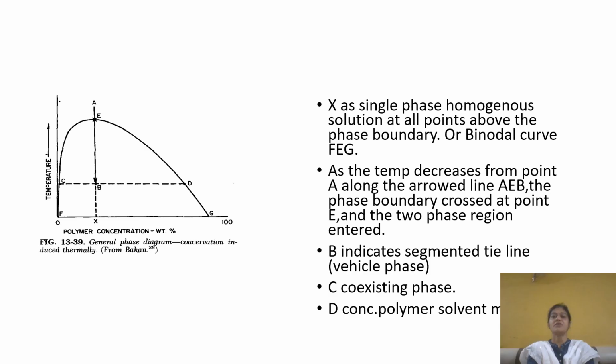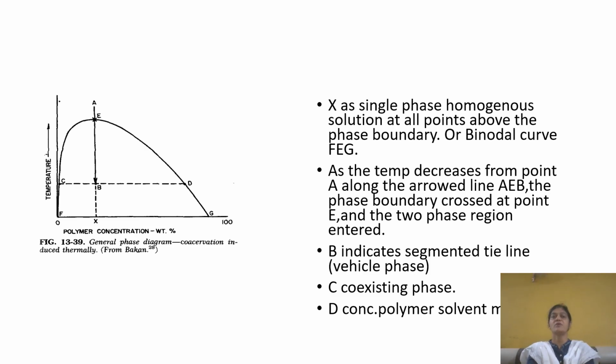As the temperature decreases from point A along the arrow line AEB, the phase boundary crosses at point E and the two phase region is entered. Now, B indicates the segmented tie line, that is the vehicle phase. C shows the coexisting phase, and D is the concentration of the polymer solvent mixture.